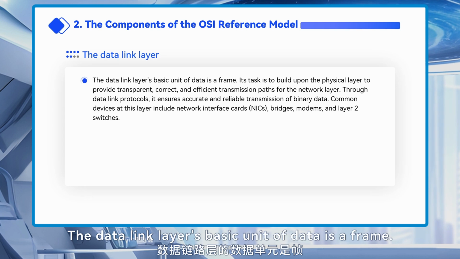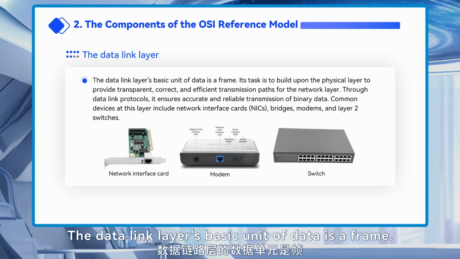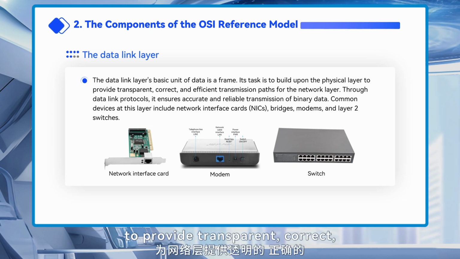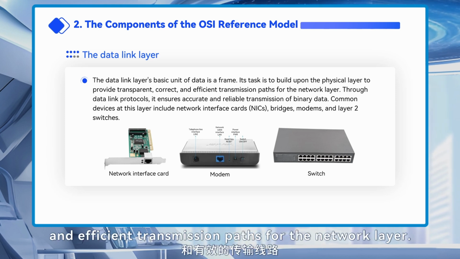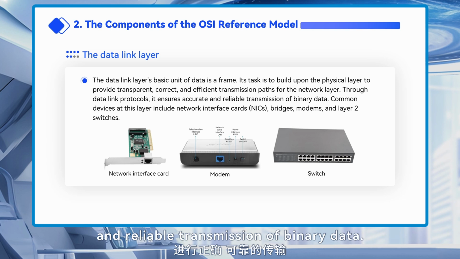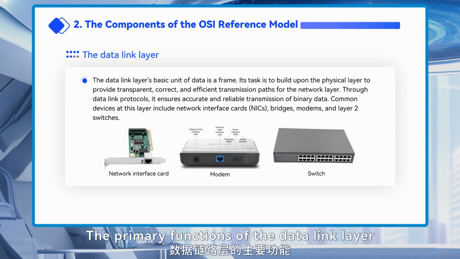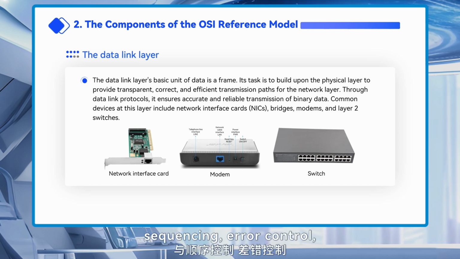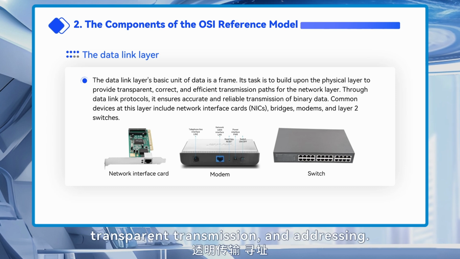The data link layer's basic unit of data is a frame. Its task is to build upon the physical layer to provide transparent, correct, and efficient transmission paths for the network layer. Through data link protocols, it ensures accurate and reliable transmission of binary data. The primary functions of the data link layer include link management, flow control, sequencing, error control, transparent transmission, and addressing.